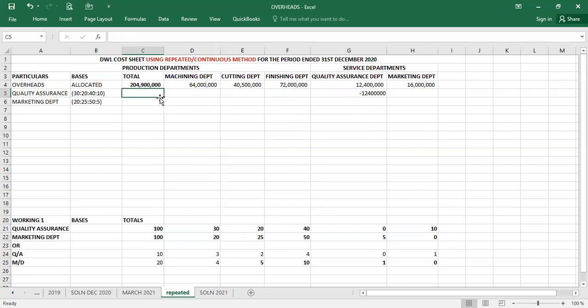It is what we are distributing. You can either put the totals here, so that what is here and here will sum up to what will be in this.